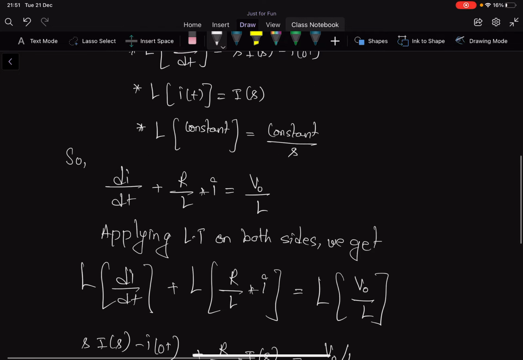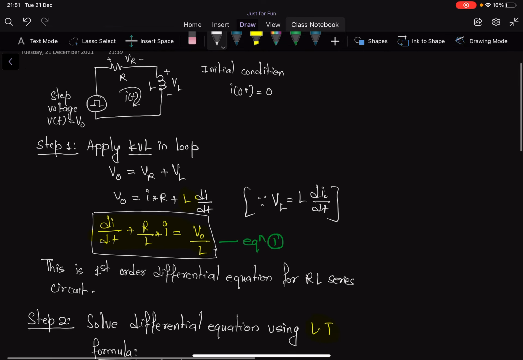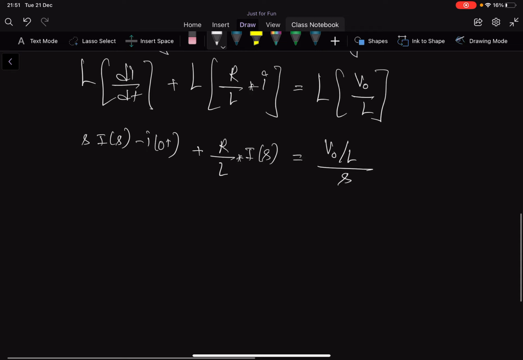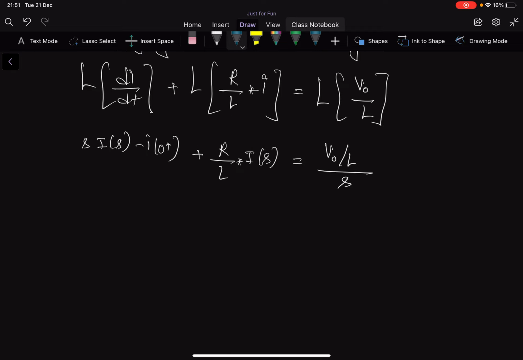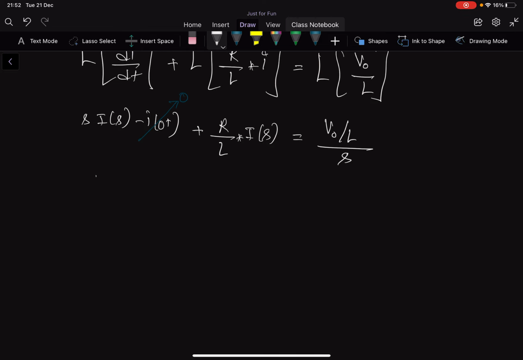And then if we look at the initial condition above, the initial condition is given to us as 0. So this value is going to be 0. So what we're going to get here is sI(s) plus R over L I(s) equals V naught over L divided by s.